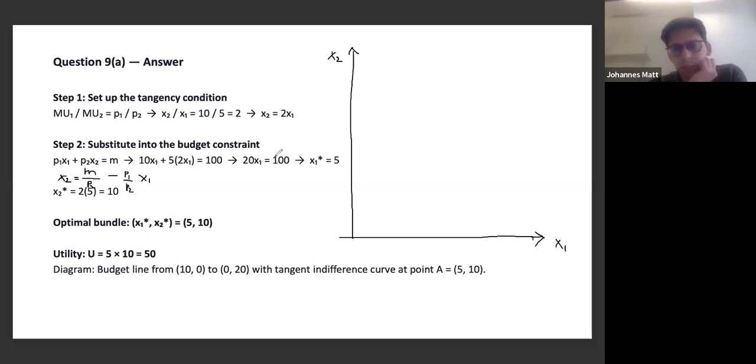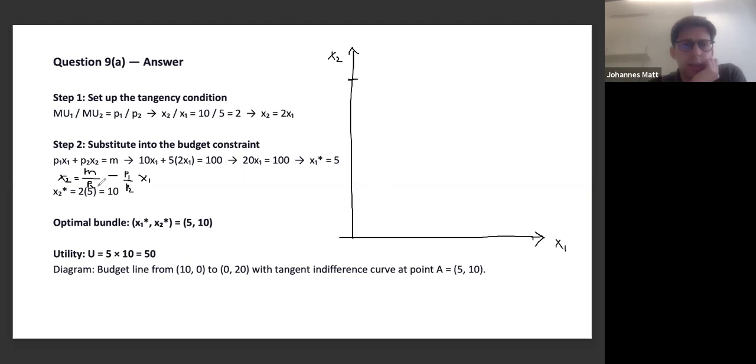I'm consuming. And so there's a special point here, of course, which is if I consume no steaks whatsoever, I will be able to consume m over P2 units of vegetables, right? So I can indicate that point on the y-axis, the x2 axis here.